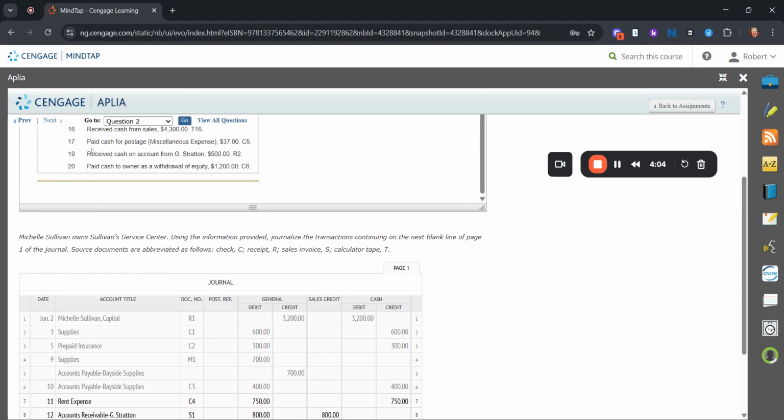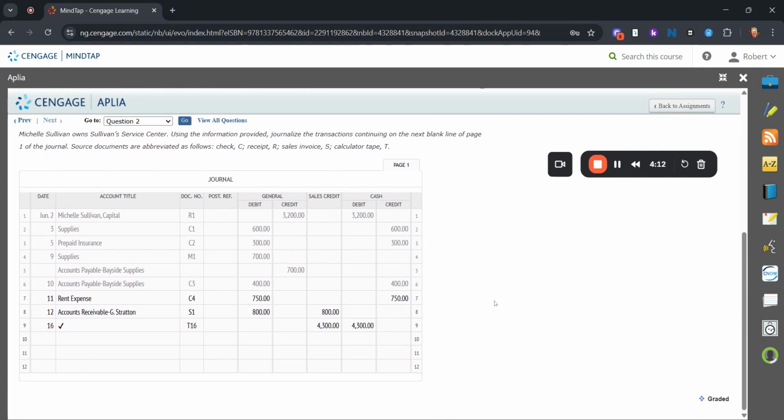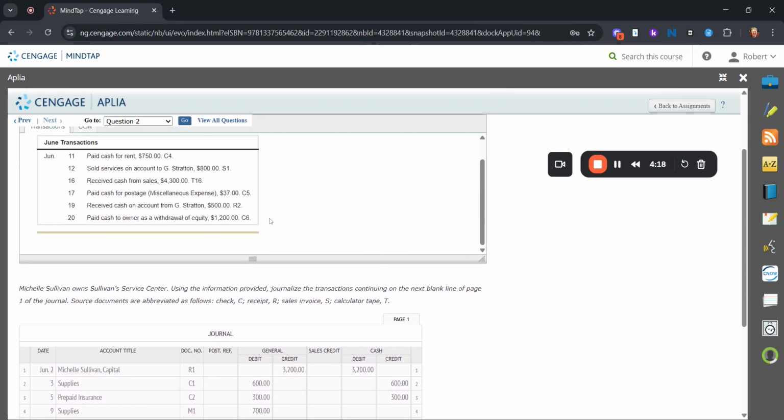We have the 17th, paid cash for postage. So it says here it's going to be classified as a miscellaneous expense. So put 17 here. And let's see. Still trying to type that in.